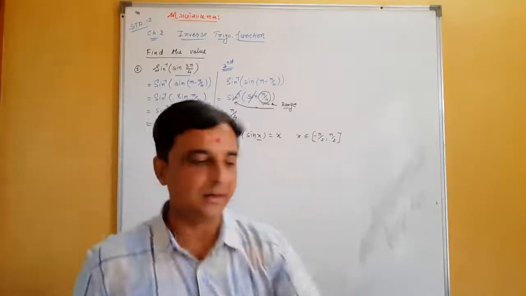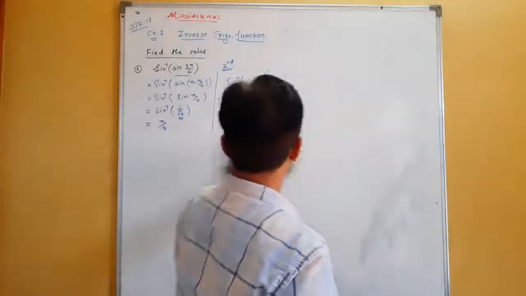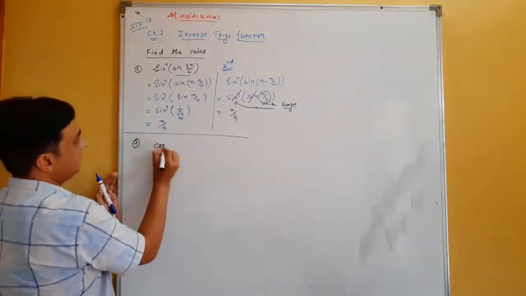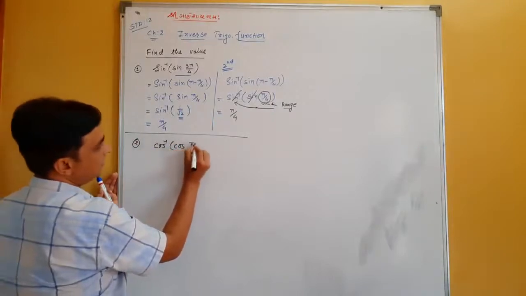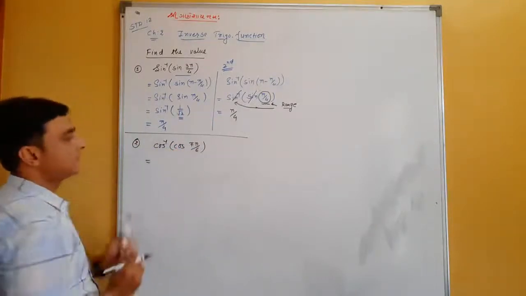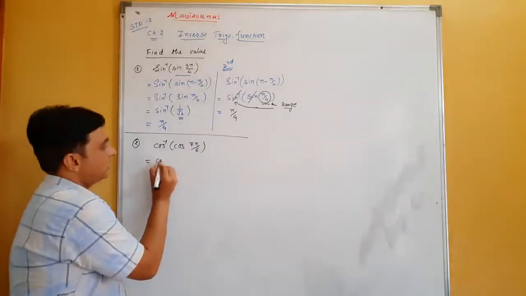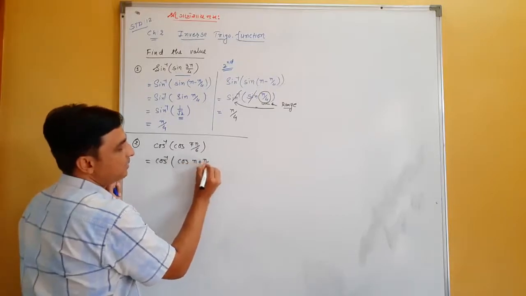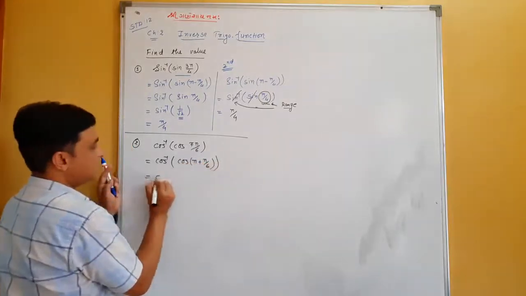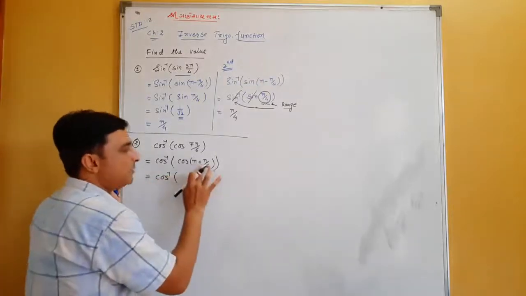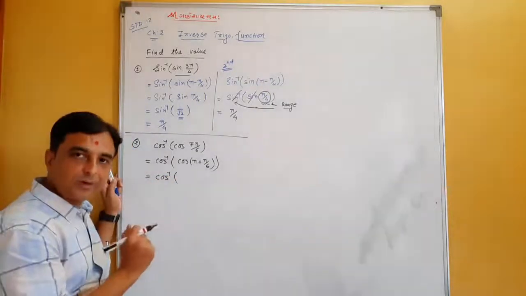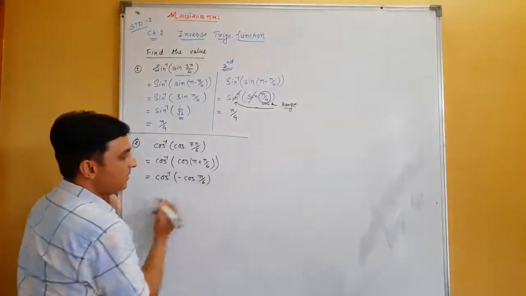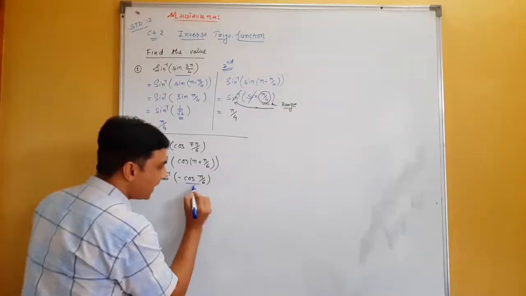Let's see a second or third example. Second one, let cos inverse cos 7 pi by 6. Cos inverse cos 7 pi by 6 is pi plus pi by 6. Cos inverse cos pi plus, that means third quadrant. In third quadrant cos is negative, so minus cos pi by 6. Now it is our x.